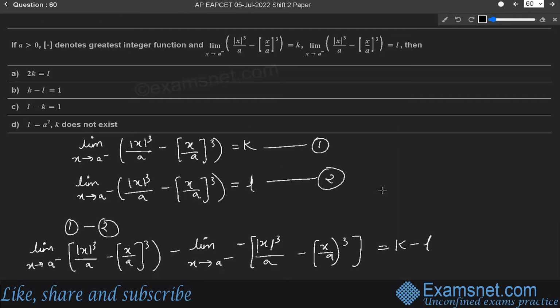Therefore, the relation between k and L is k minus L is equal to 1. So, option number B is the correct option here.